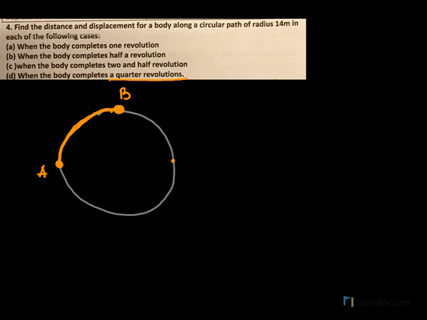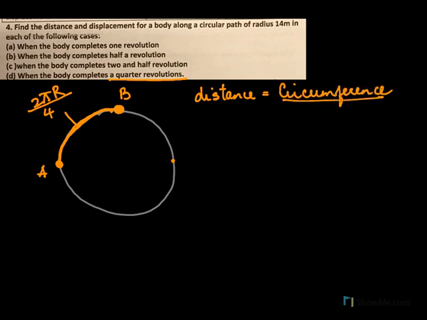So now let us see what is the distance. Now we'll definitely agree that distance will be quarter circumference. That will be 2 pi r, which is a full circumference, divided by 2. So divide by 4, not 2. So the distance will be circumference divided by 4.